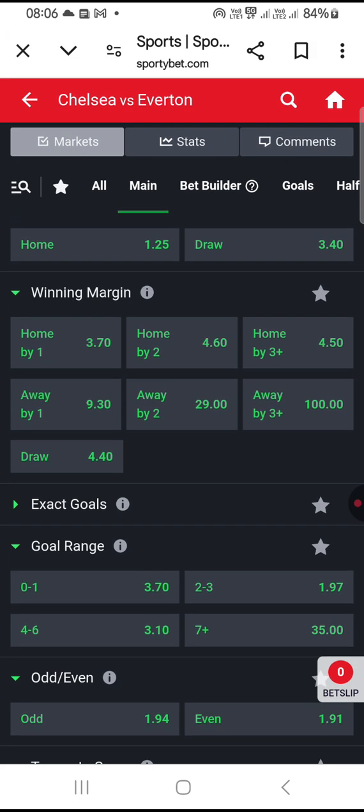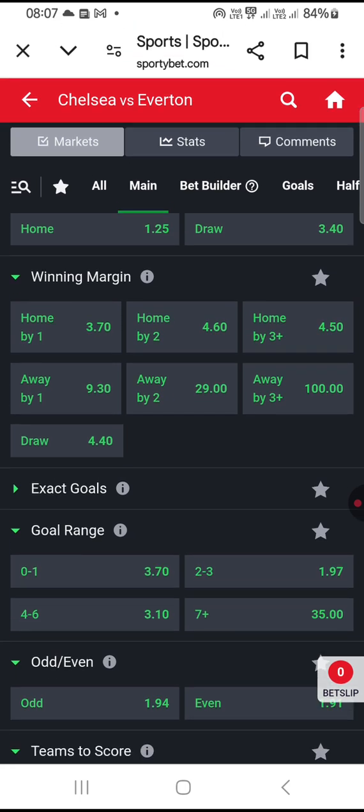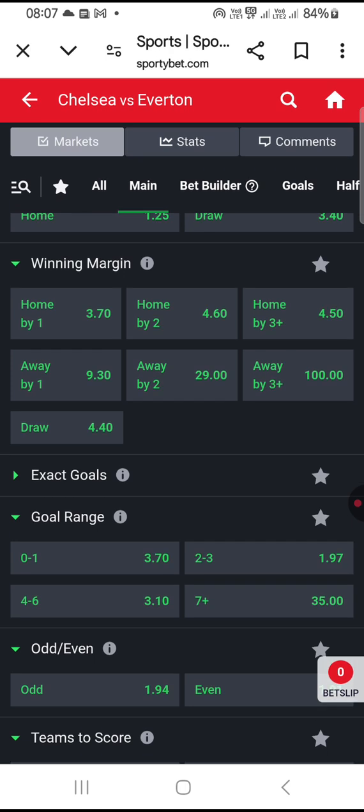If Chelsea scores two and Everton scores zero, you have lost the game. If Chelsea scores two and Everton scores one, you have won the game. So that's the winning margin. Home by two: if Chelsea scores three and Everton scores one, you've won the game. If Chelsea scores two and Everton scores one, you've lost the game. That is home by two.